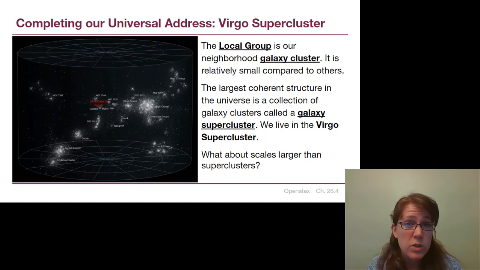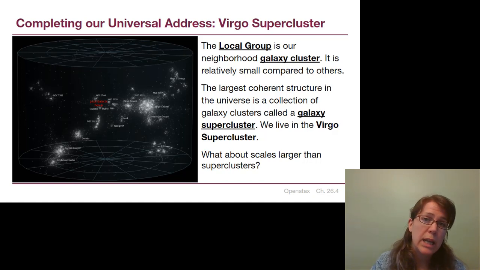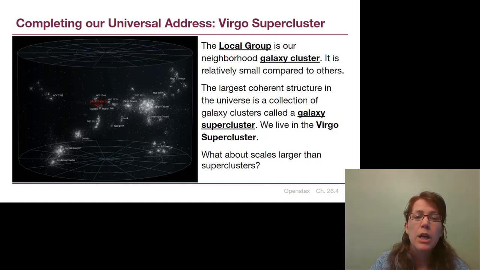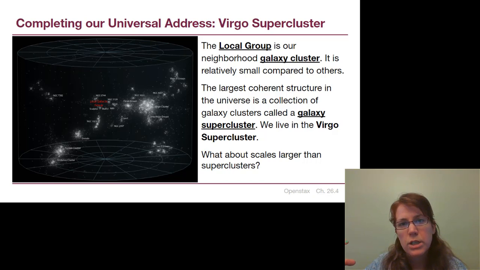It's actually a fairly small cluster. It's like we're in a neighborhood, but we're near a larger city. The largest coherent structure in the universe that we can really say that we're part of is a galaxy supercluster, which means a cluster of galaxy clusters. We live in the Virgo supercluster, named after the largest cluster that it's part of.